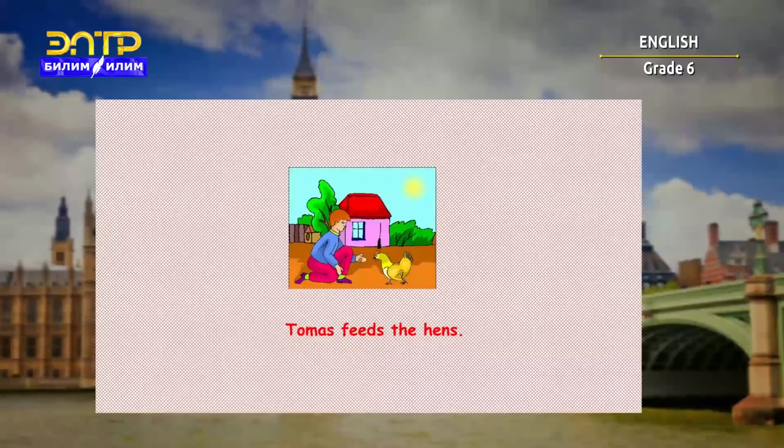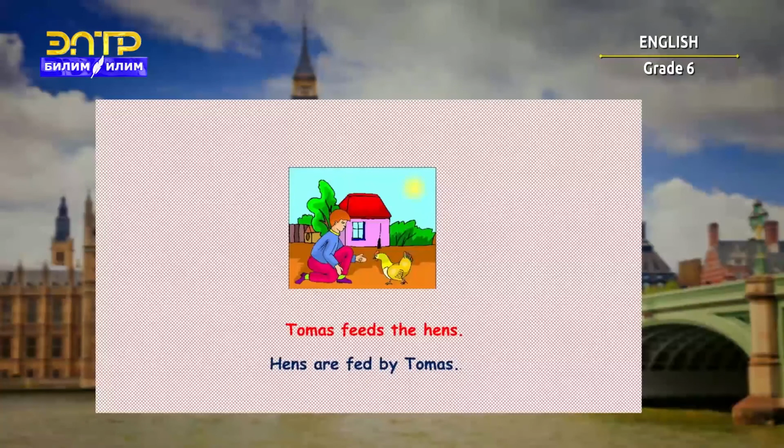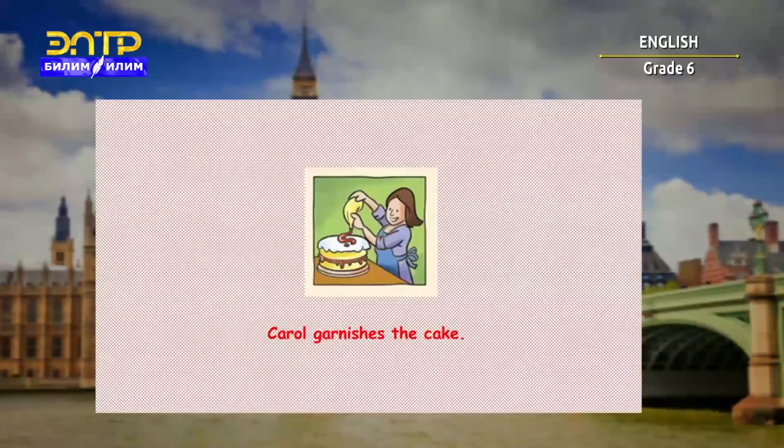Thomas feeds the hens. And its passive form is: hens are fed by Thomas. Carol garnishes the cake.